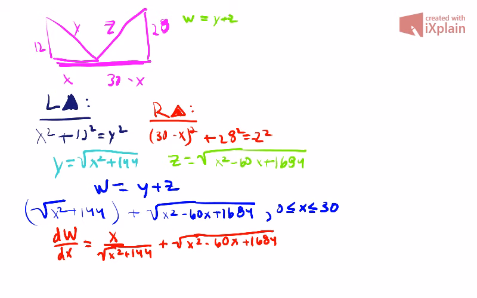The reason we have the x and the x minus 30 is because those are the numbers on the bottom of the triangle, which we don't know, and it's with respect to x. So that is why it is there.